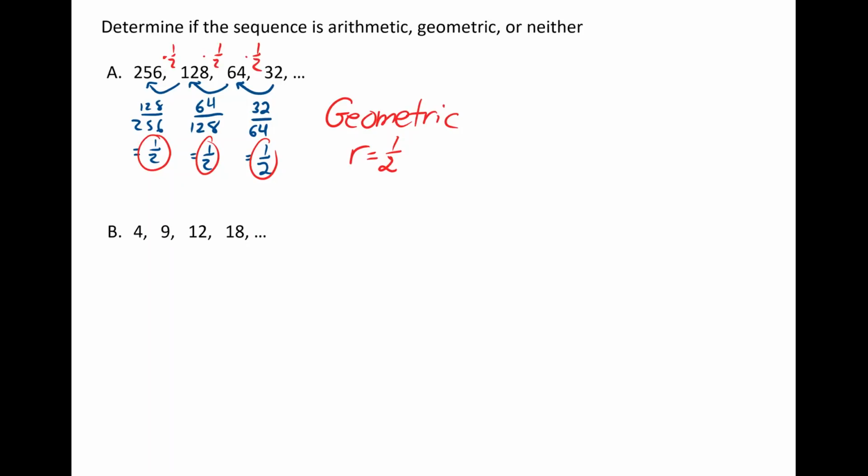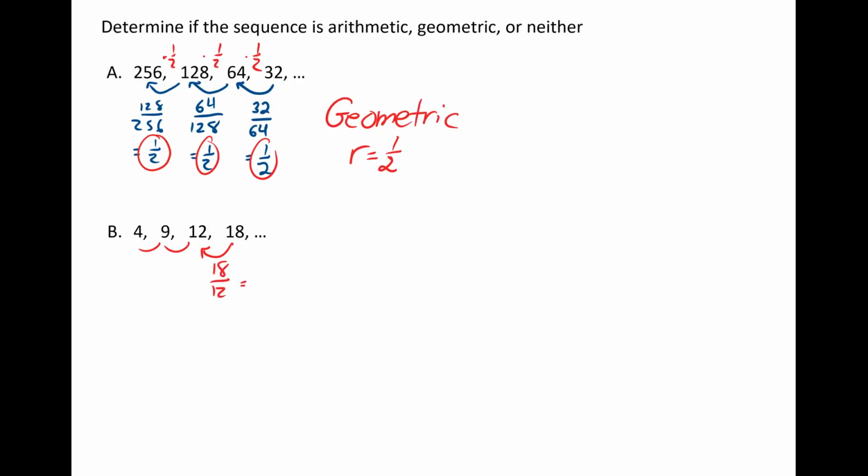B. Is it arithmetic, geometric, or neither? Well, let's see, going backwards, let's check arithmetic. Here I'm subtracting 6, subtracting 3, subtracting 5. Okay, that's different every time. So not arithmetic. Geometric, 18 divided by 12.